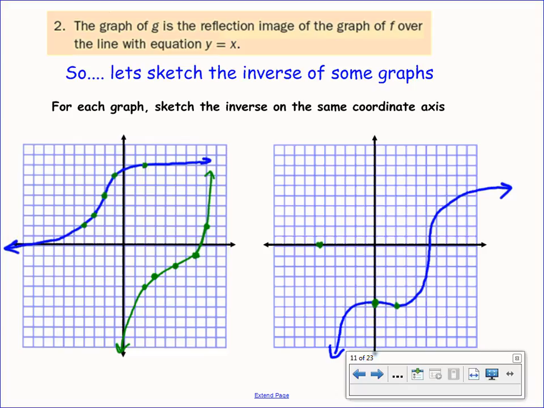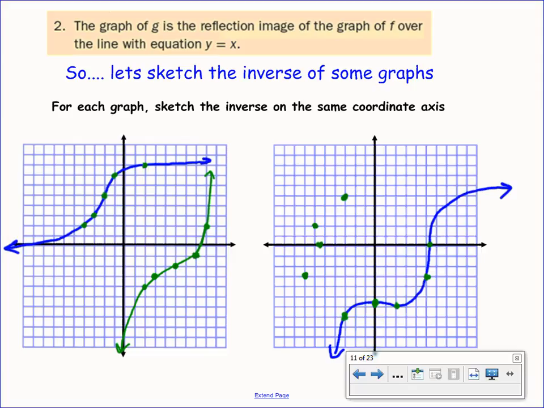2 comma -6. I'm going to go -6 comma 2. -3 comma -7. I'm going to go -7 comma -3. 5 comma -3. I'm going to go -3 comma 5. The intercept 5.3 comma 0.